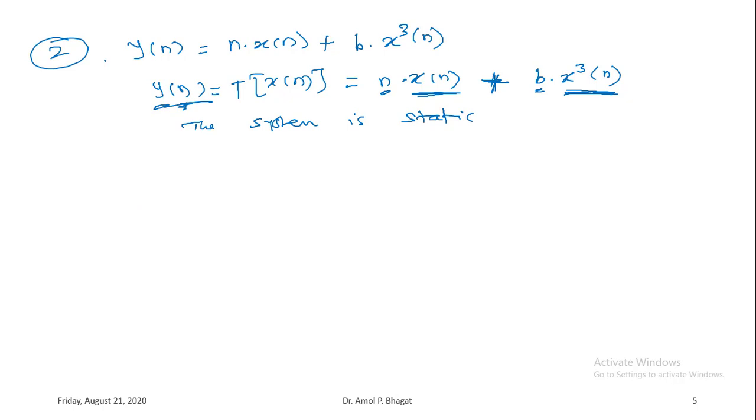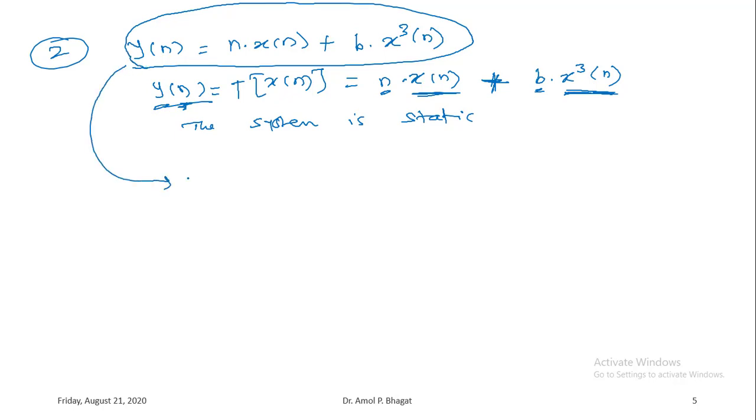But just for example, if the given equation is like this, y of n is equal to, the first term is just the same, that is n into x of n, right? But instead of x cube of n, if I am taking it as x of n cube, right?